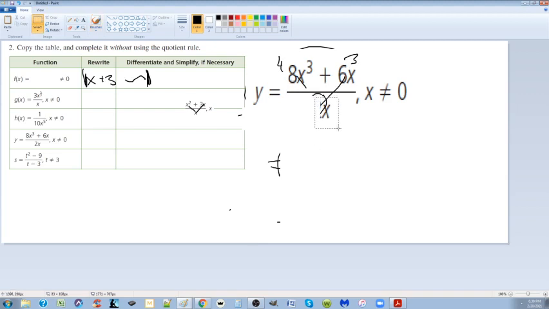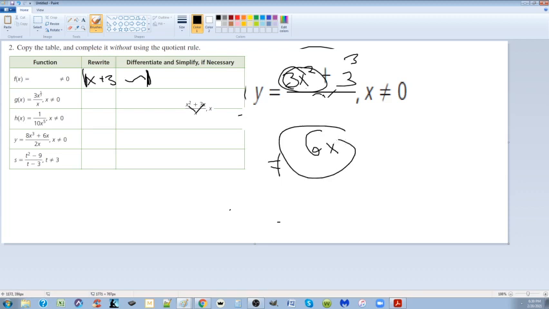X can go into both of them, and this becomes squared, and this becomes nothing, x divided by x. So I'm left with 3x squared plus 3, which means that the derivative of this, which is a parabola, is 6x, a line.